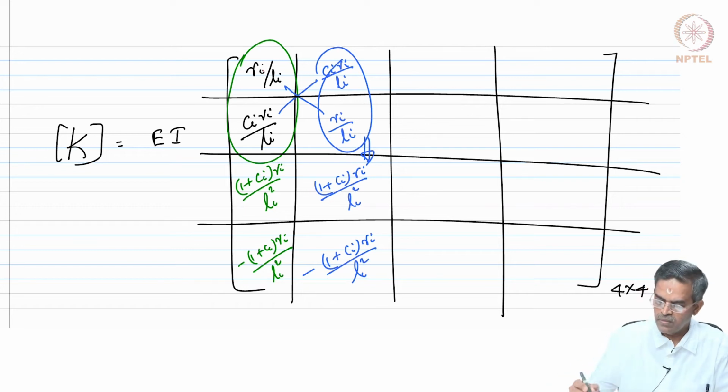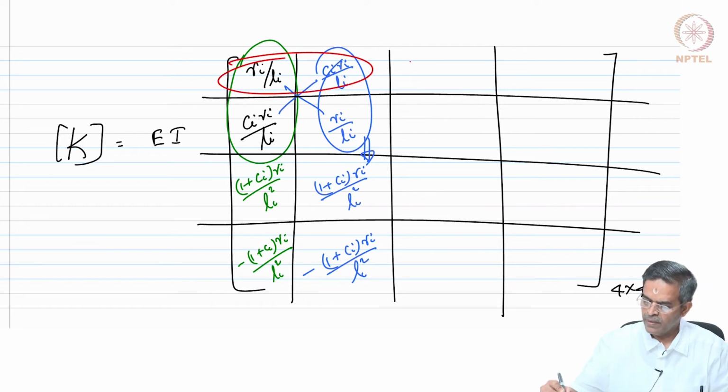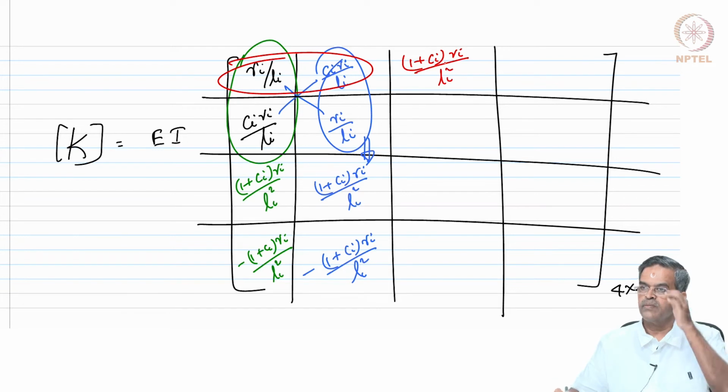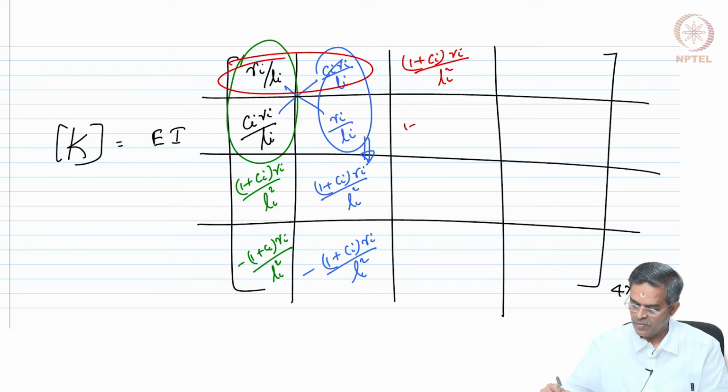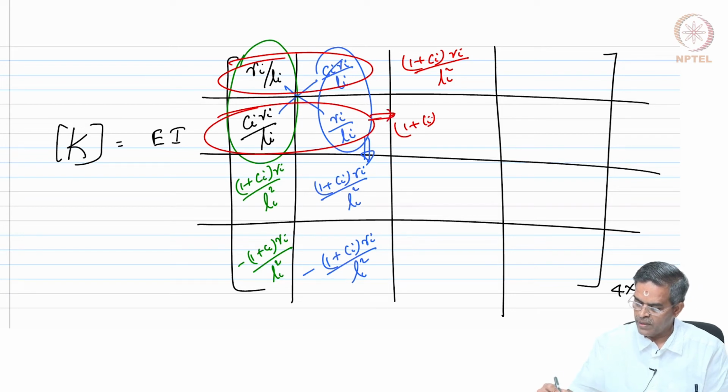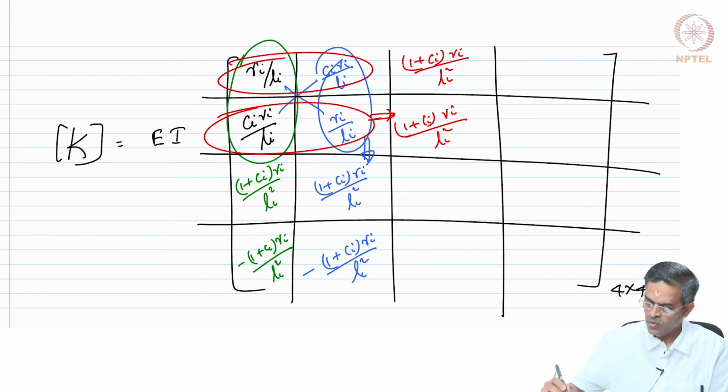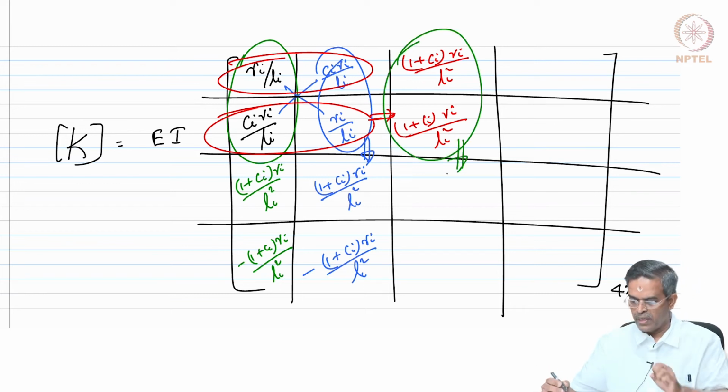The third column is sum of these 2 by Li, is also sum of these 2 by Li, and the fourth one is sum of these 2 by Li again.